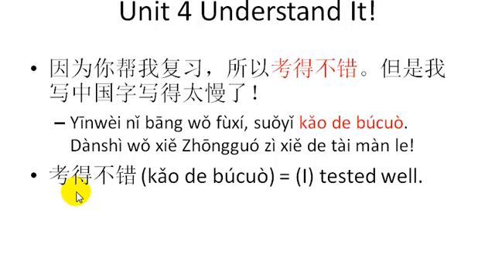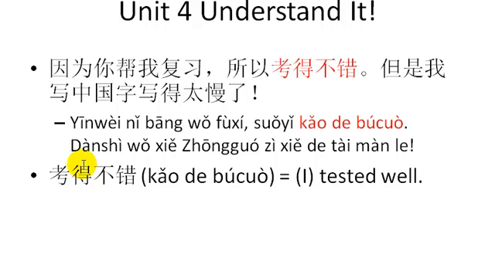So here we have 考得不错. You remember 不错 means not bad. So we have test, and then the de, which connects a verb with its adverb. Remember, this de particle really has no meaning in and of itself.